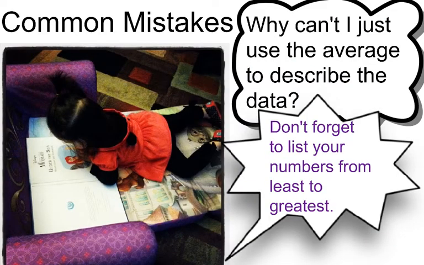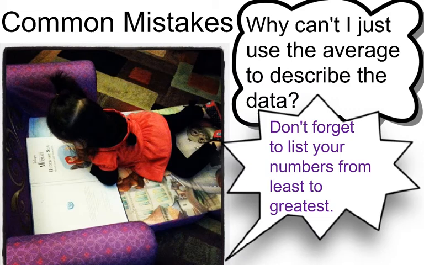So, there are some common mistakes when dealing with mean, median, mode, and range. Of course, students can get some of them confused. Mean, think of your teacher being mean because that's usually the most work, having to add up all the numbers and divide. Median, one of the problems students will have with the median is they'll just look for the middle number.